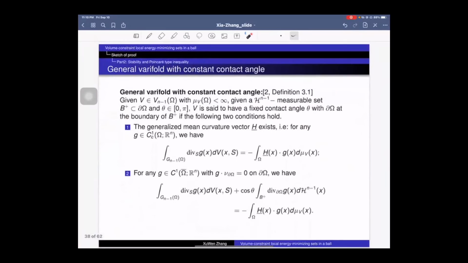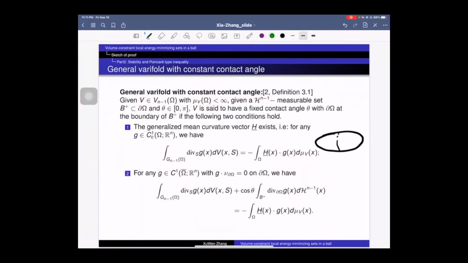And now we can define the general varifold with fixed contact angle, with constant contact angle. We take V to be an n-1 general varifold with a finite weight measure, mu_V(omega). We fix a given H^{n-1} measurable set B^+ in the boundary of omega.